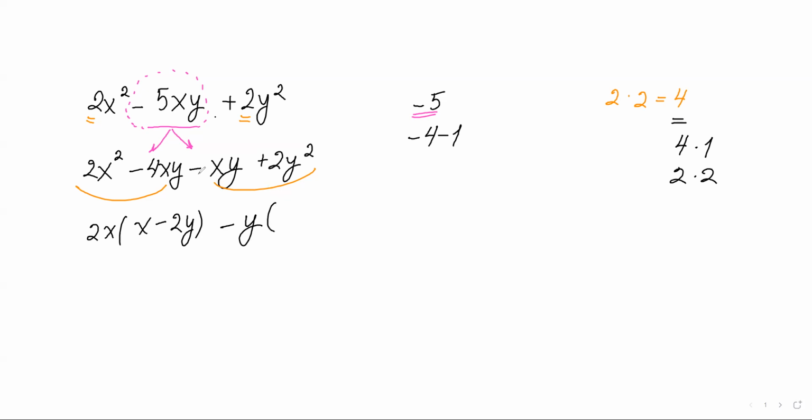If I take negative y out, only x stays inside brackets in the first term, and the second will be subtract 2y, which is actually quite convenient, because usually what we are trying to achieve is that these two groups are the same. If these two groups are the same, they can be massively factored out.